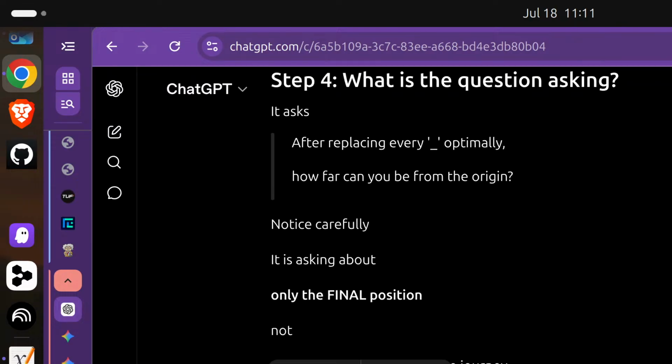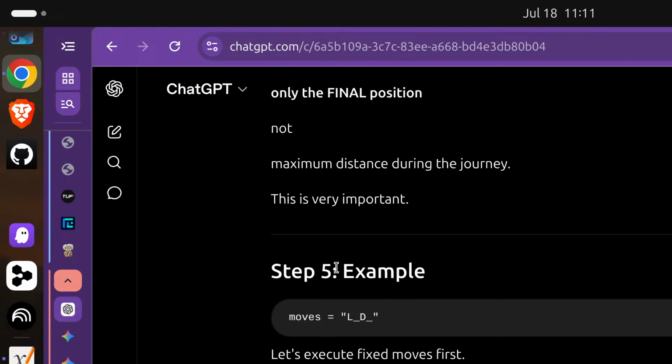This is very important. So for example, how can we go far from origin, right? That's the final distance they are asking for, and we have to always choose moves that increase the distance, right?